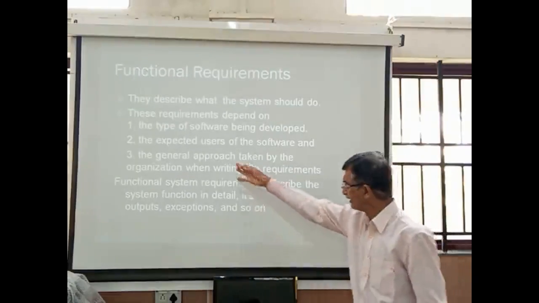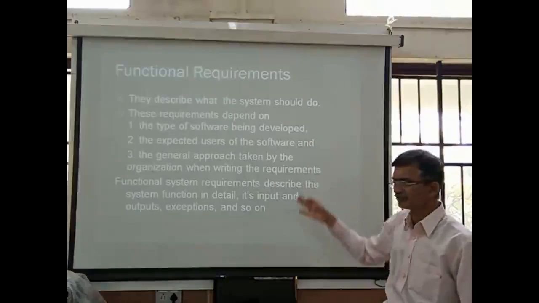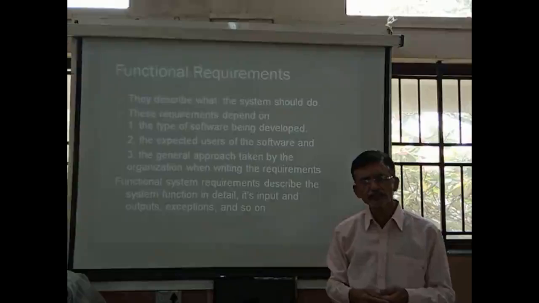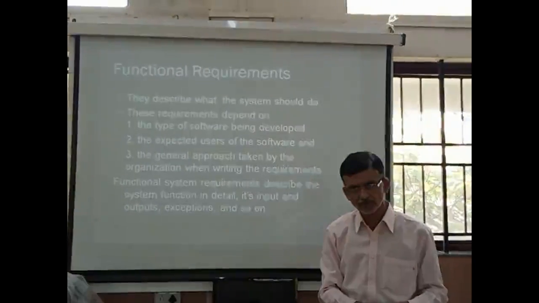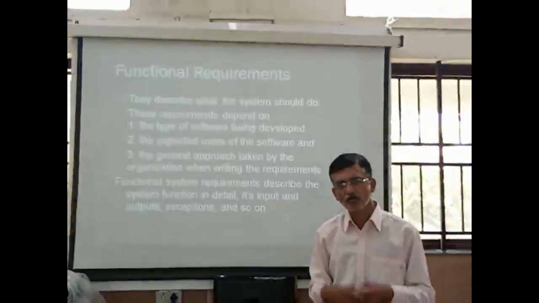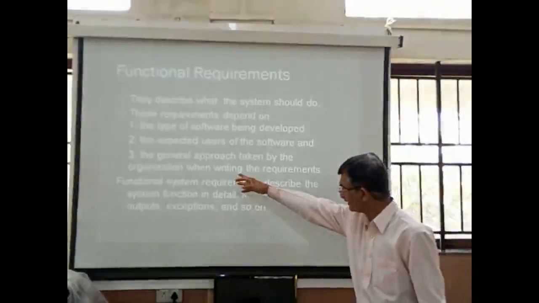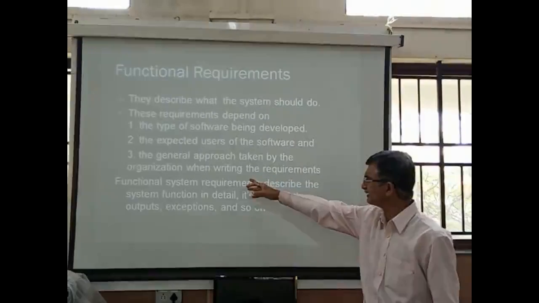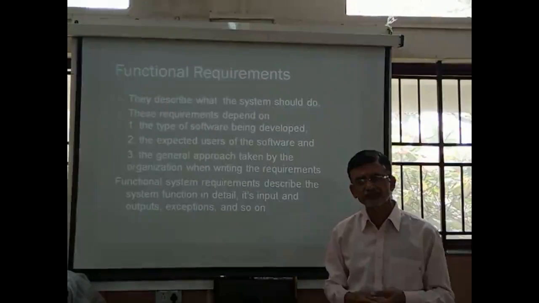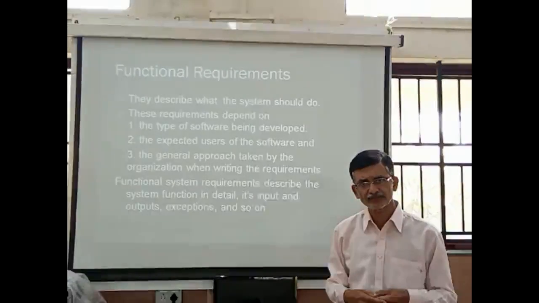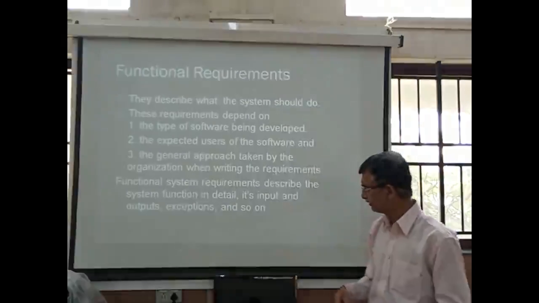Then the expected users of the software: who are going to use this software? What is their educational level? In what functional area are they working? What is their awareness about computers? All this. And the general approach taken by the organization when writing the requirements. So what the organization expects when they have written the requirements, even that is to be studied.